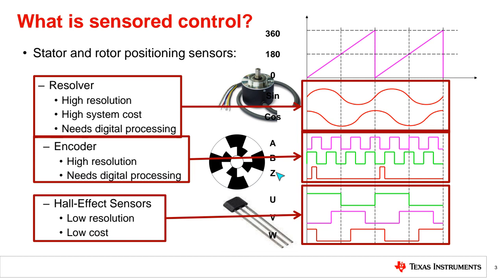Some encoders will output 256 or more pulses minimum.